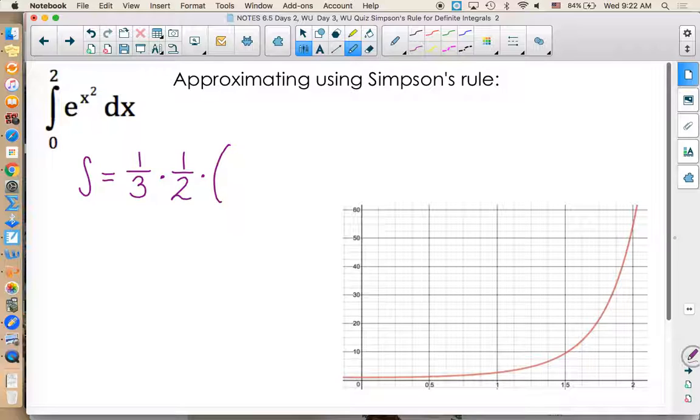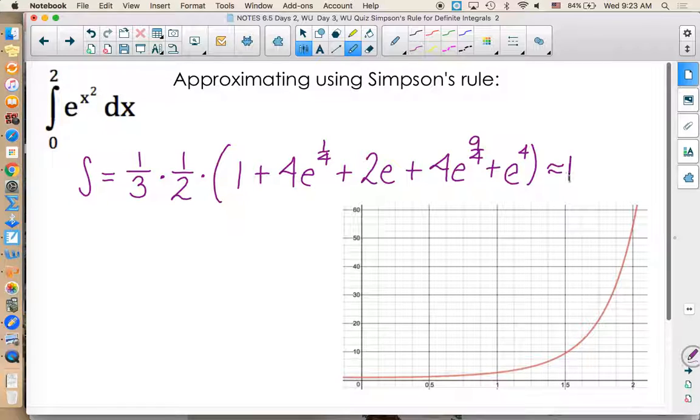And then we're going to use a lot of those same numbers, except we're going to use the first value once. We're going to use f at half 4 times. We're going to use f at 1 only twice. We're going to use f at 3/2 4 times. And finally, we're only going to use f at 2 once.